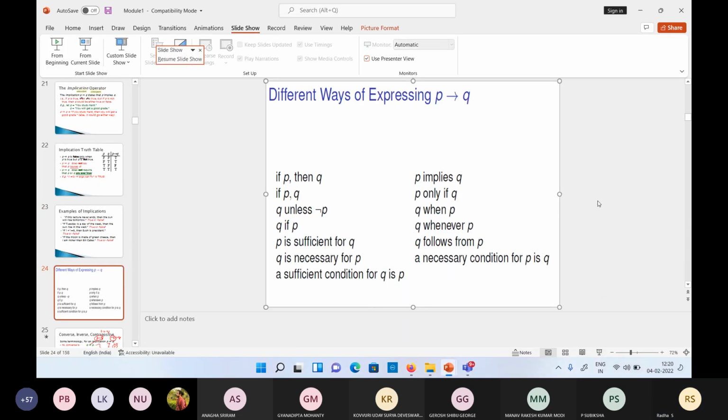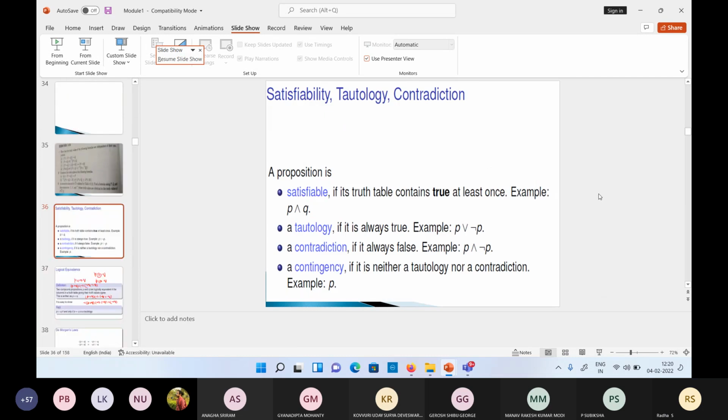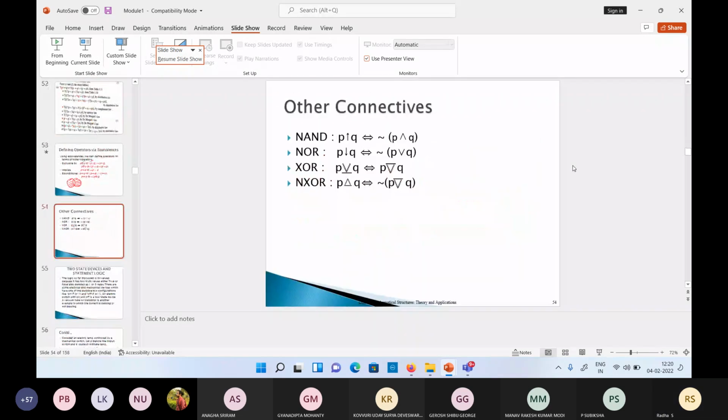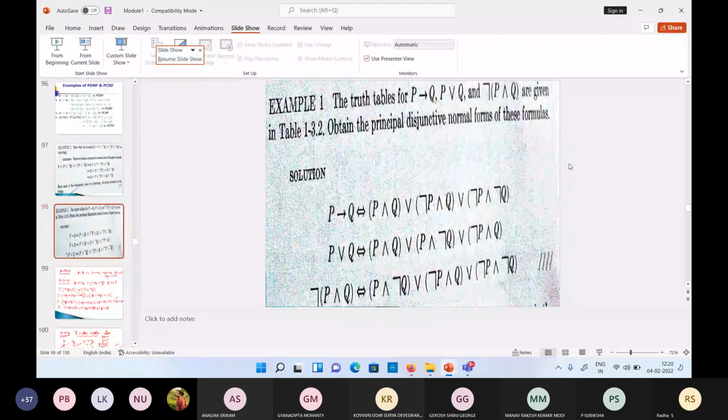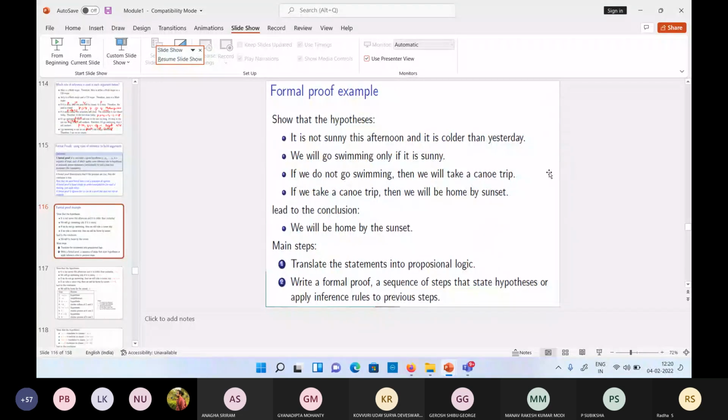We'll have an easy sentence here. Before going into this, I'll find that question, Module 1. This is the question.